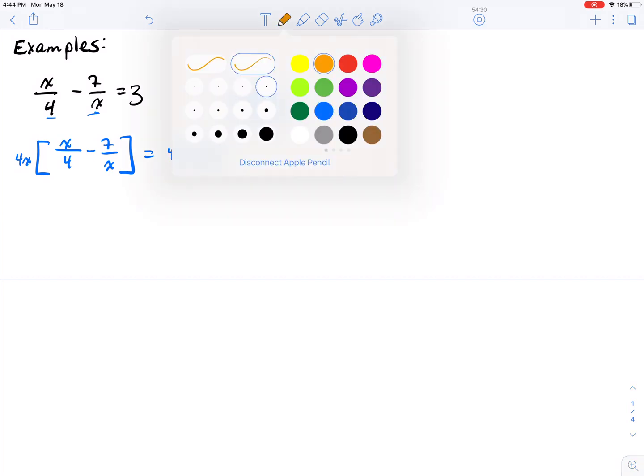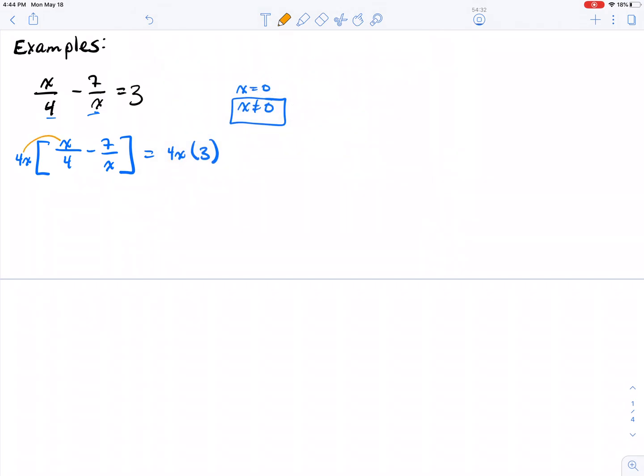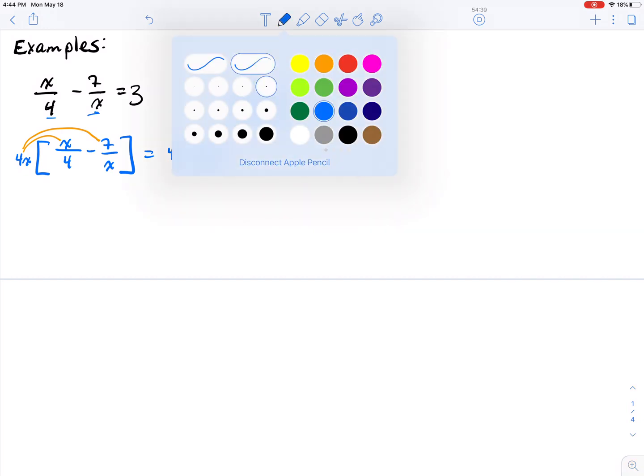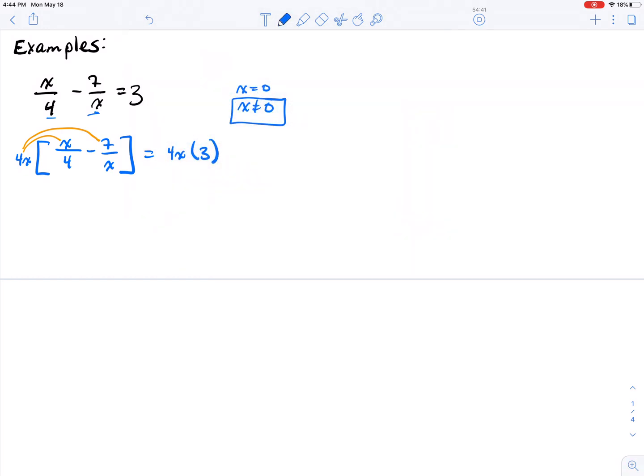Now, as I've written it here, I need to distribute my 4x to everything on our left side. So let's do that. So I have 4x times x over 4 minus 4x times 7 over x equals 12x.